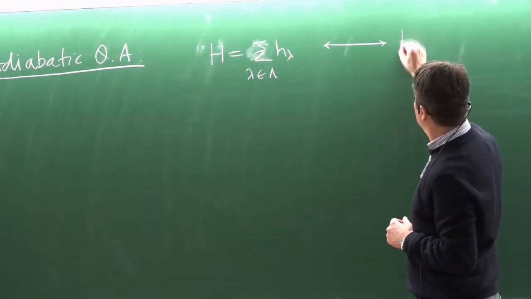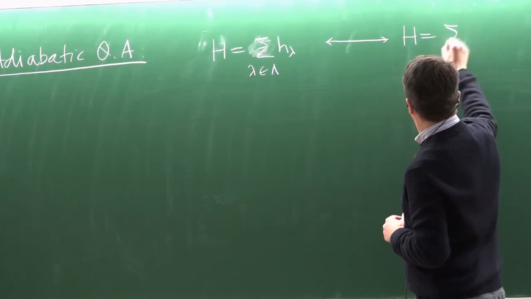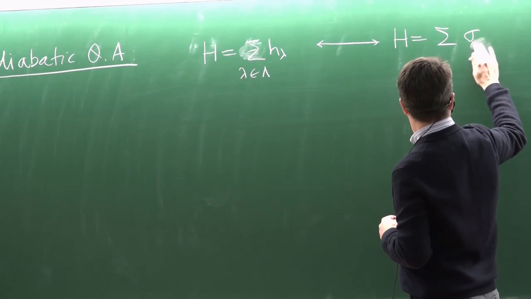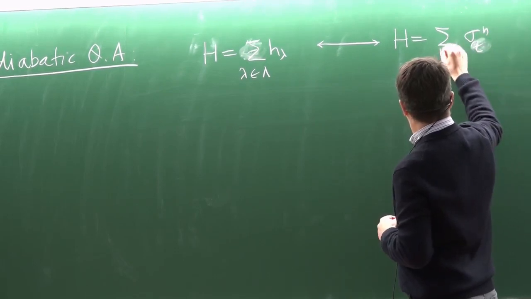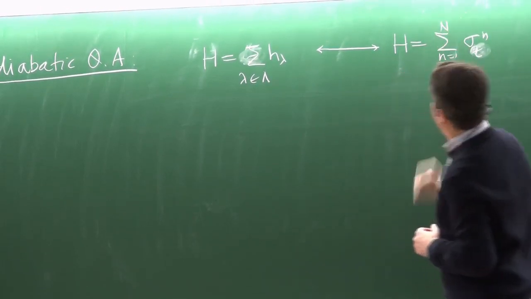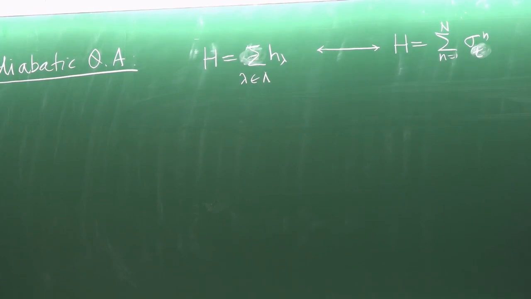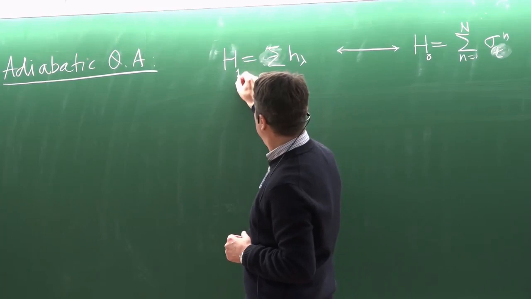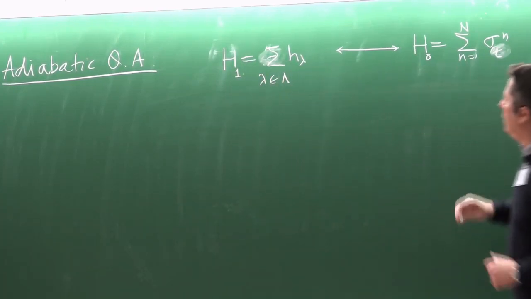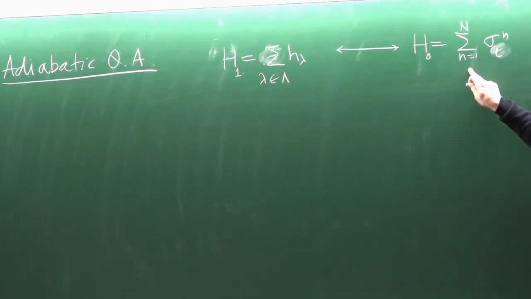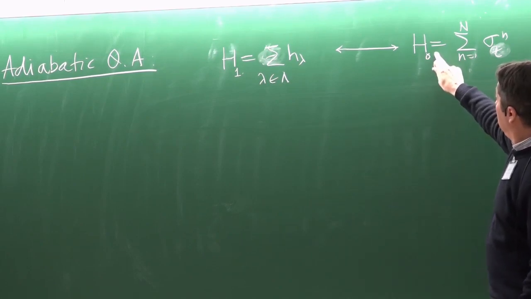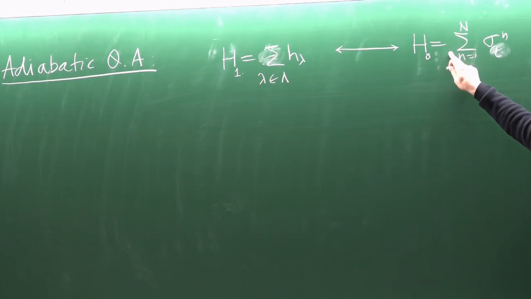Some Hamiltonian which is very simple, like, for example, sigma x. And let me call it H0, and let me call the problem Hamiltonian H1. The qualitative idea is that if we have this simple Hamiltonian, it's very simple to prepare its ground state.